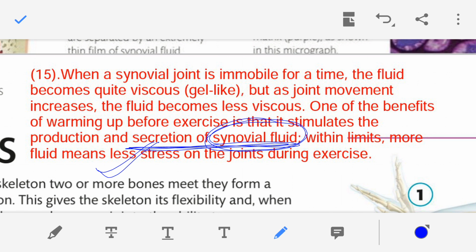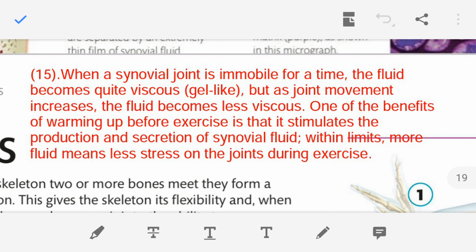Okay, so this is about the state of the synovial fluid, in which form it is present when we are resting, and when we are doing the exercise it becomes less viscous.